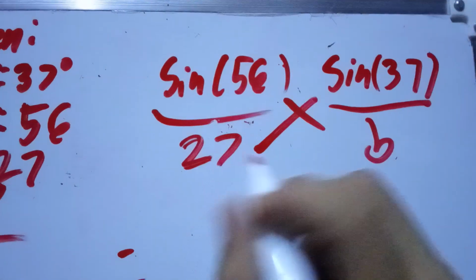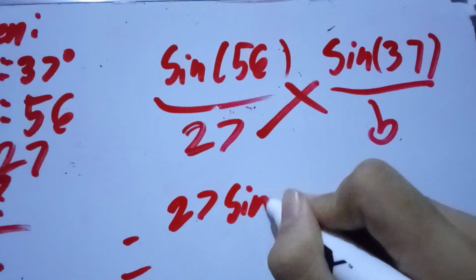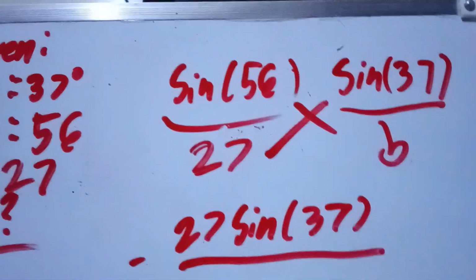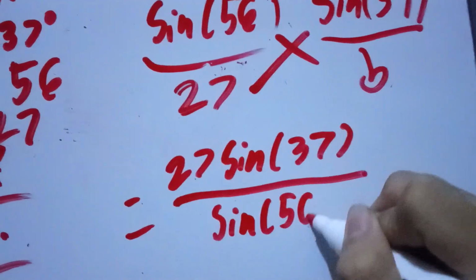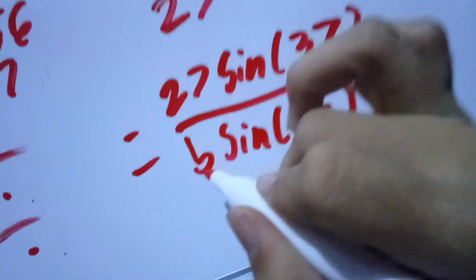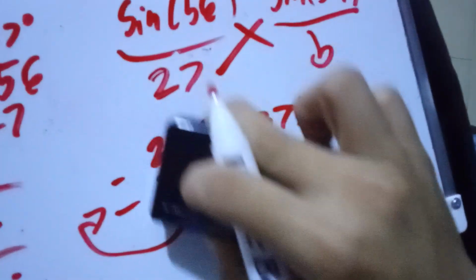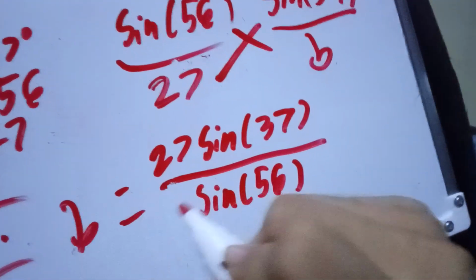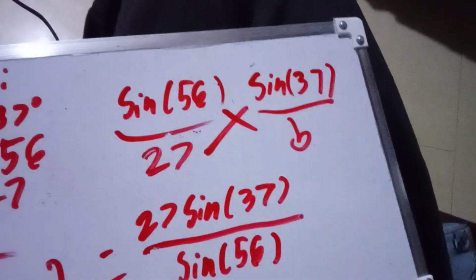So it's 27 sine 37 over sine 56. Because if we're gonna find B, let's just transpose it here, so B equals that, and it's also the same as the previous question.